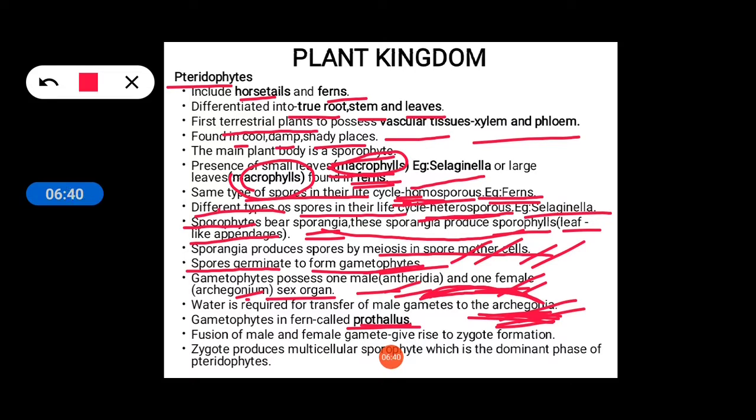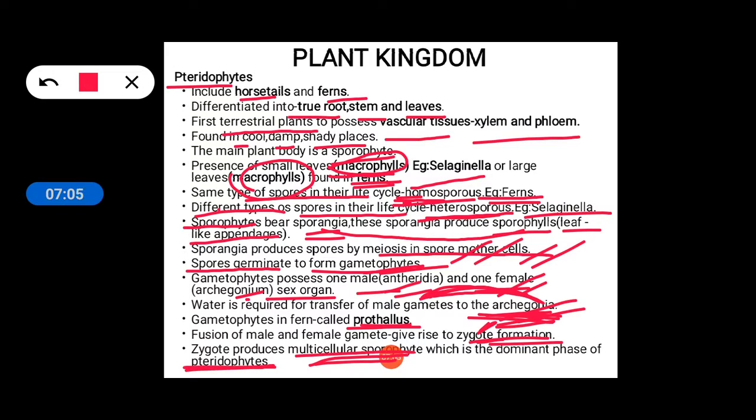And fusion of male and female gamete gives rise to zygote formation. Zygote produces multicellular sporophyte, which is the dominant phase of pteridophytes.